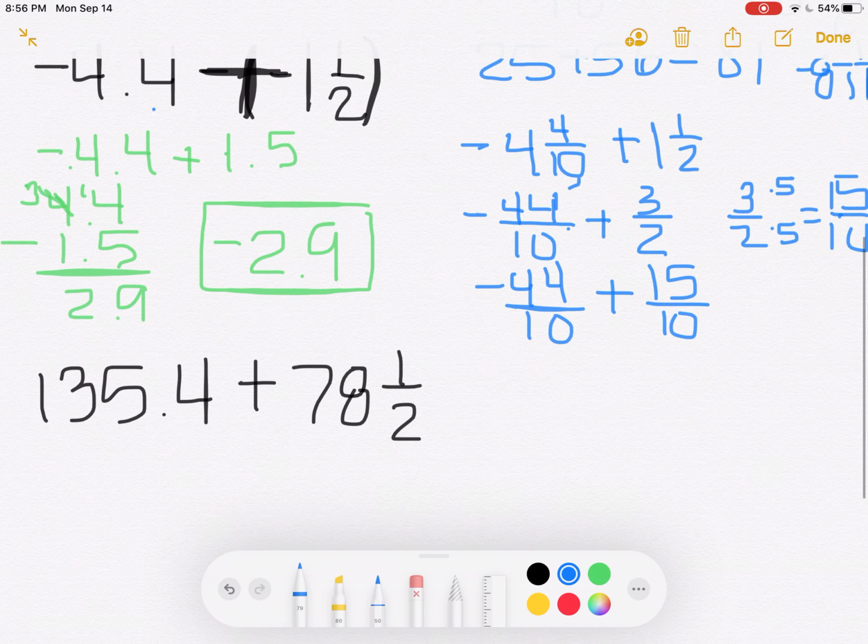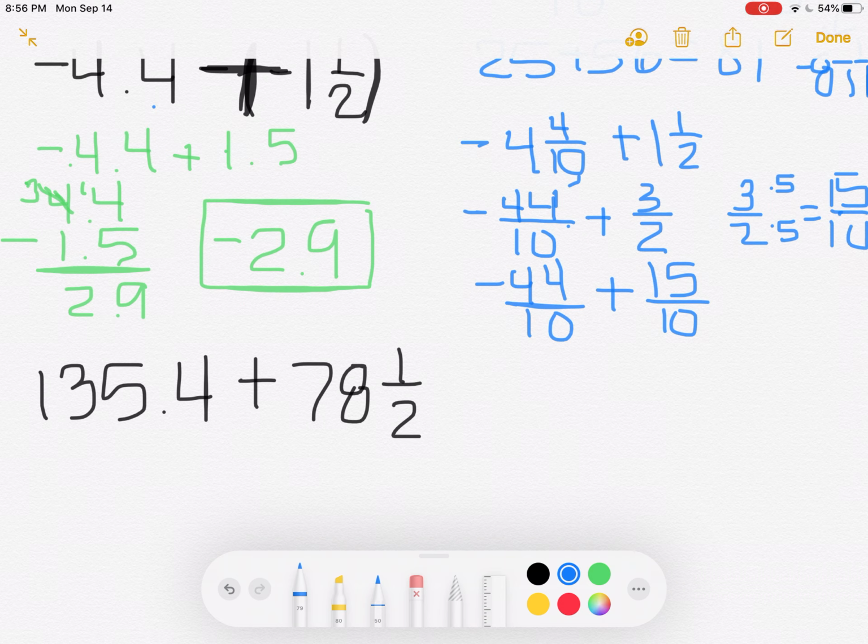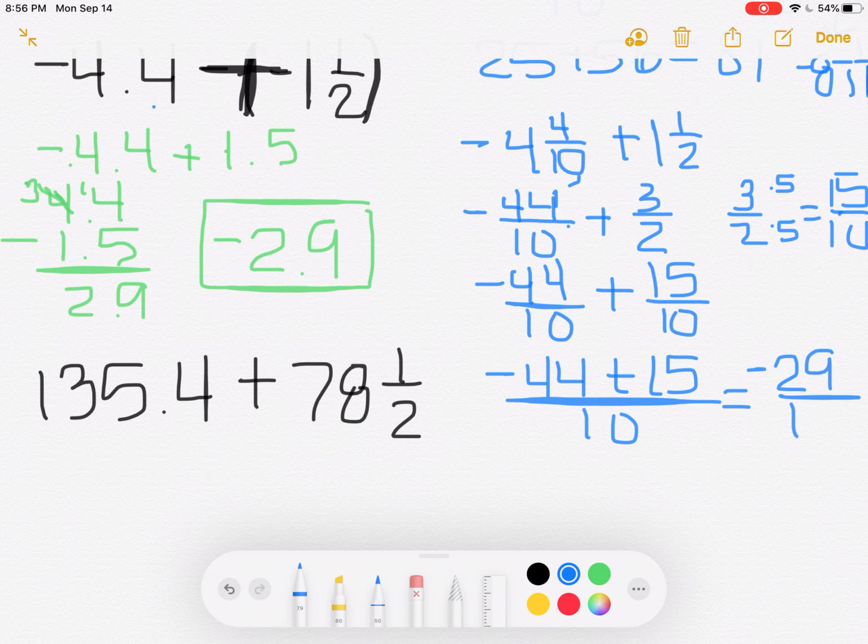And when we do this, we have to add across the numerator. And we get negative 29 tenths. Okay, so negative 44 plus 15, we take the difference. 44 minus 15, we get 29.